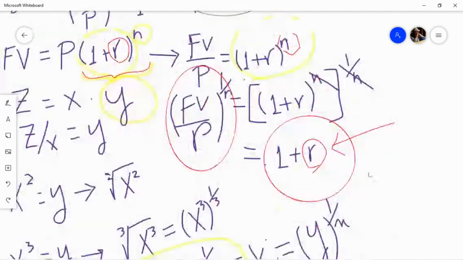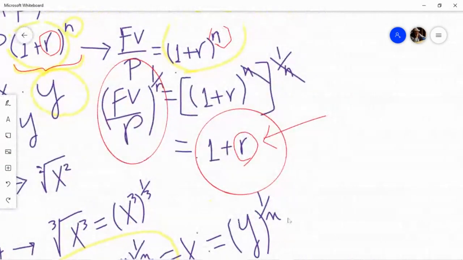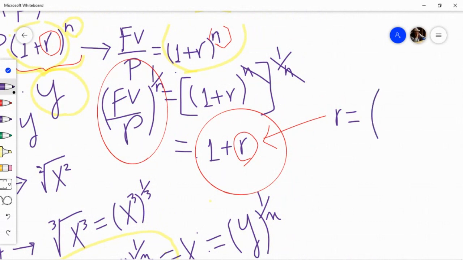So in other words, isolating only r, we subtract 1 from both sides, so the right-hand side will become only r. Now the right-hand side is the left-hand side now, and from the other side, which is now the right-hand side, you subtract 1.